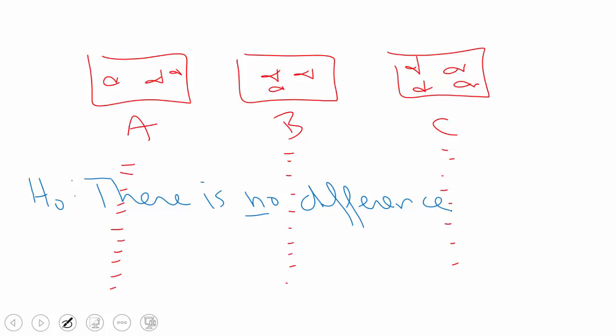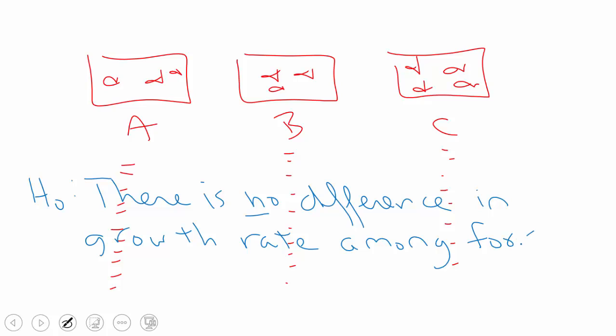In this case, no difference in growth rate, but it'll be whatever metric you're using, in growth rate among foods A, B, and C. The alternate hypothesis would be there is a difference.